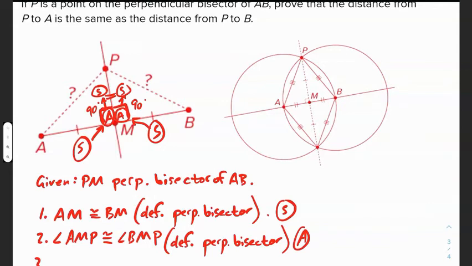Step 3, we know that MP is congruent to itself, since that's the reflexive property. Okay, both those triangles are sharing the same line.